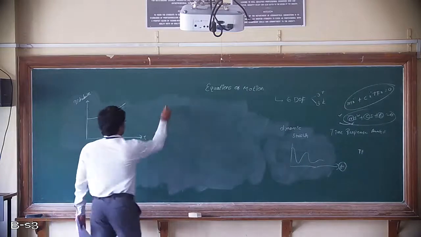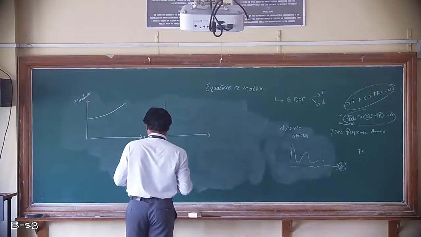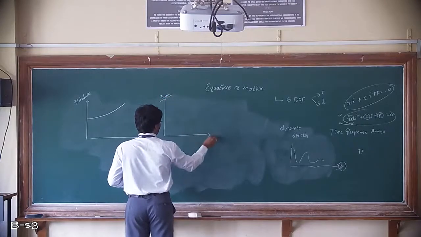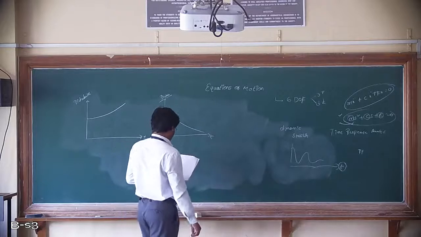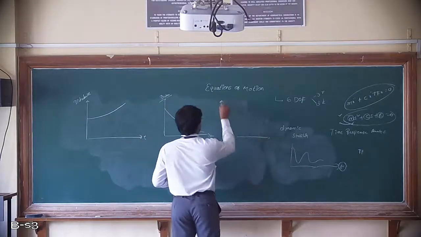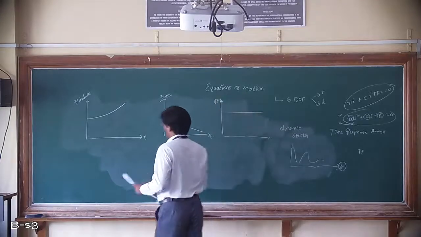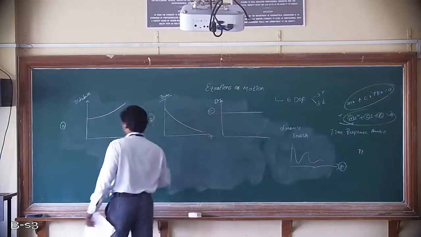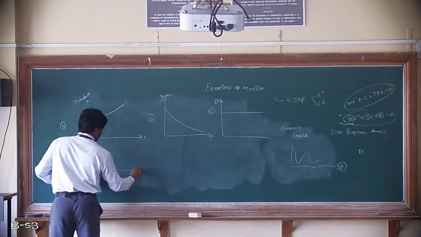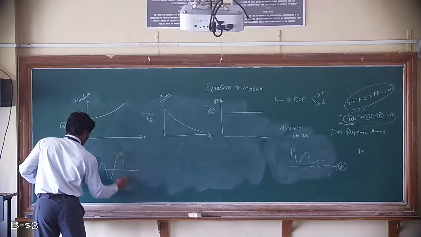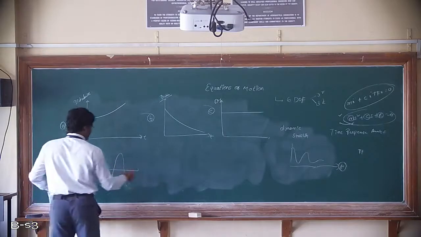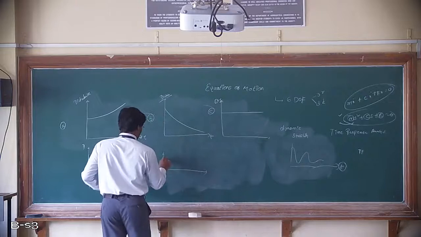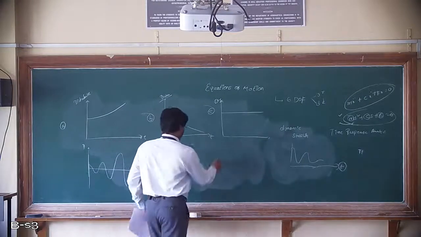And one more, the same disturbance against time. Next, this is A, this is B, C. Next one again has disturbance on the y-axis and time on the x-axis. Third one, C.